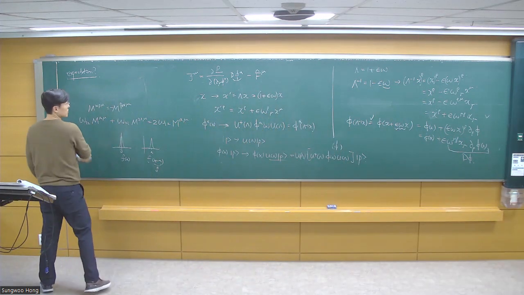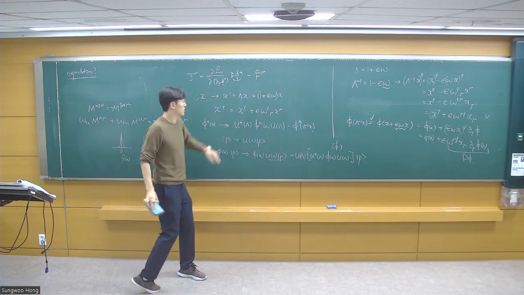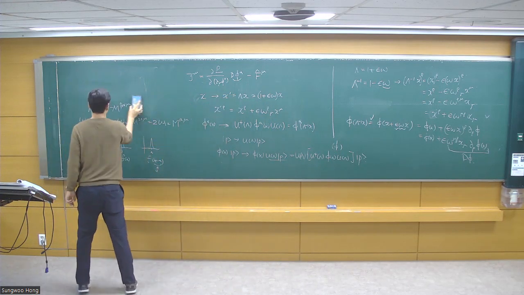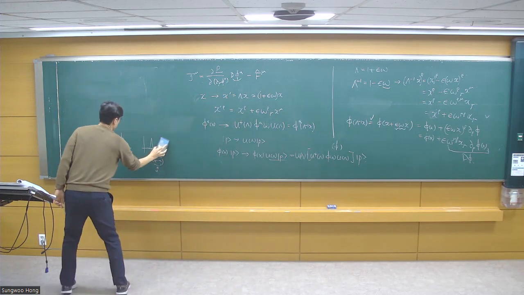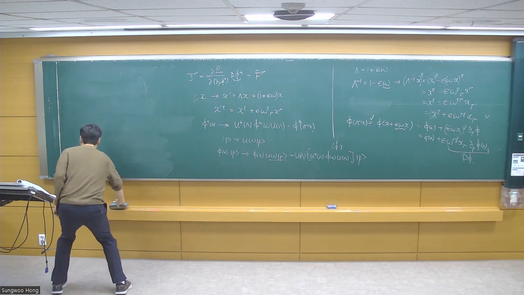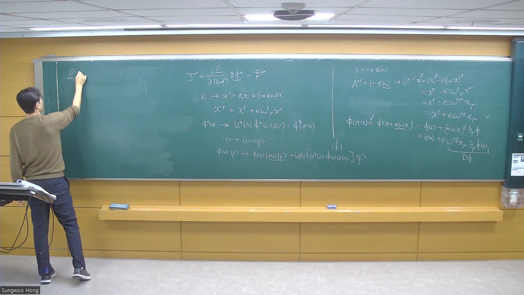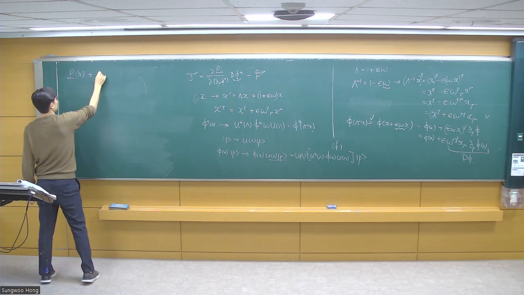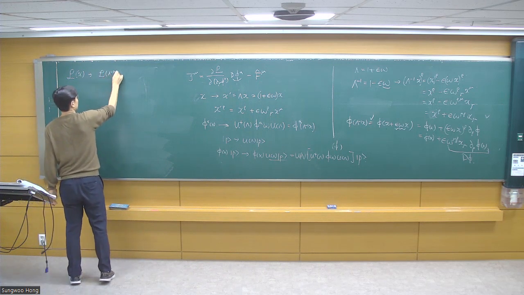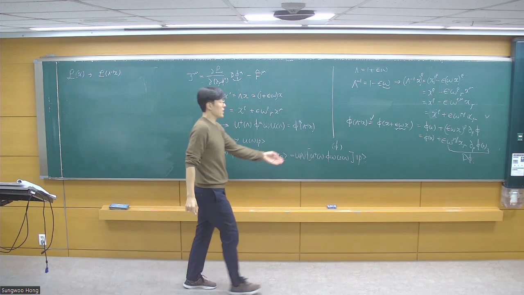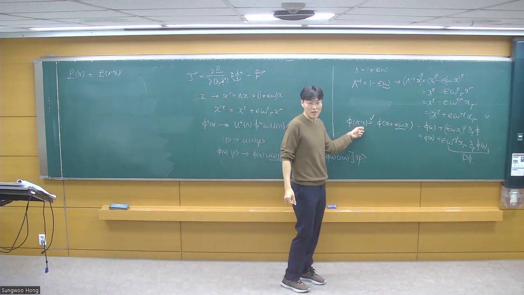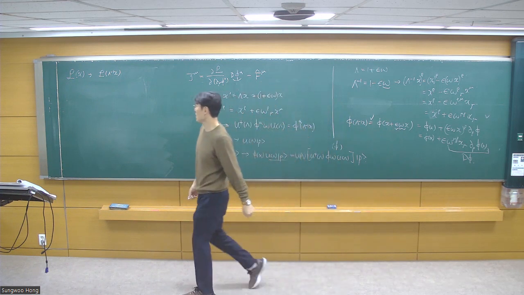What about the change of the Lagrangian, which I need for this? That is expected to do the same thing too, because the Lagrangian at the end of the day is a function of x. But now I'm just doing lambda inverse of x. But that is exactly the same exercise that I need to do here, right? If I'm given a function of x, do the Lorentz transformation, I just need to follow the exact same thing.